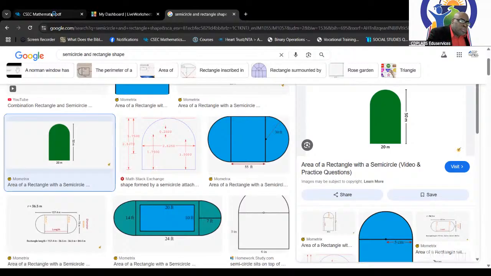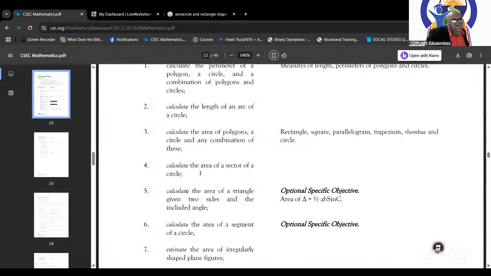Let's go back to the syllabus again. So you would know the formula to find the area of a sector. So that is there. Now, calculate the area of a triangle given two sides and the included angle.